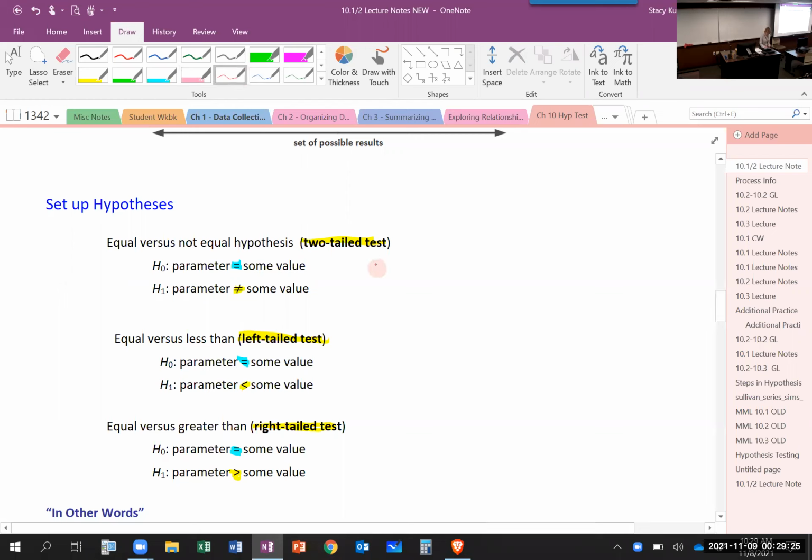For our two-tailed test, we're saying equal versus not equal. For our left tail, equal versus less than. And for the right tail, equal versus greater than.